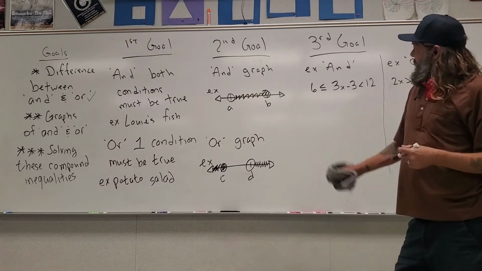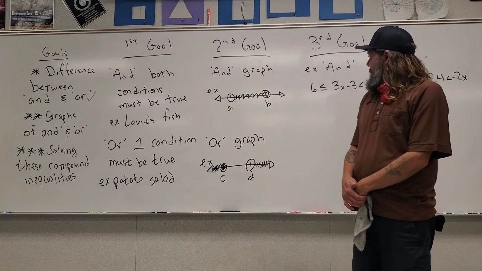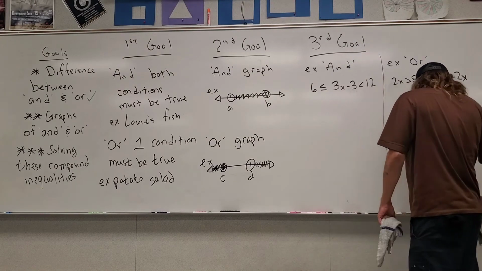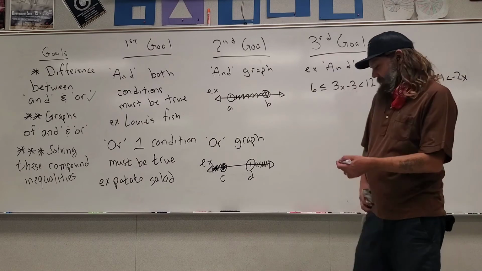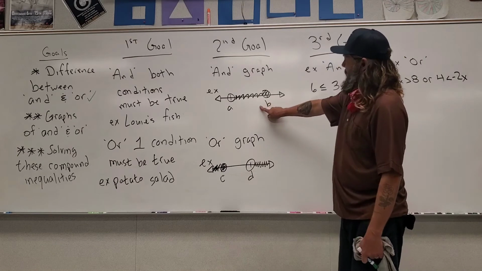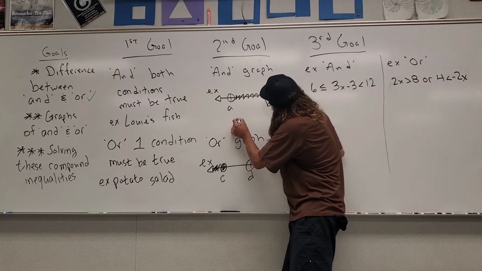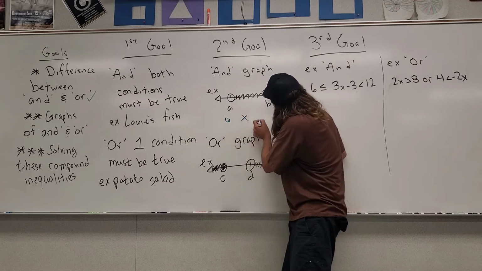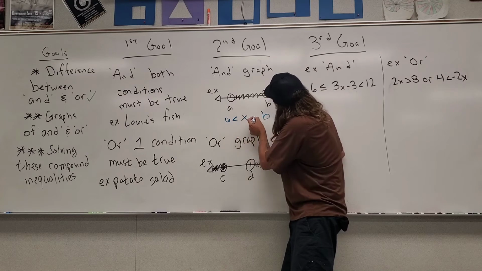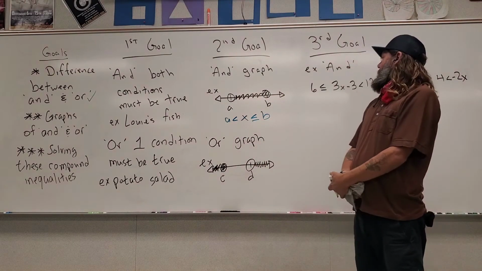So let's talk about how to write the inequality of our compound and situation. And that's pretty easy to do. Again, I want to just use simple language. I'm going to say that the shading is between A and B. So I'm going to put these inequality symbols to show where my shading is.